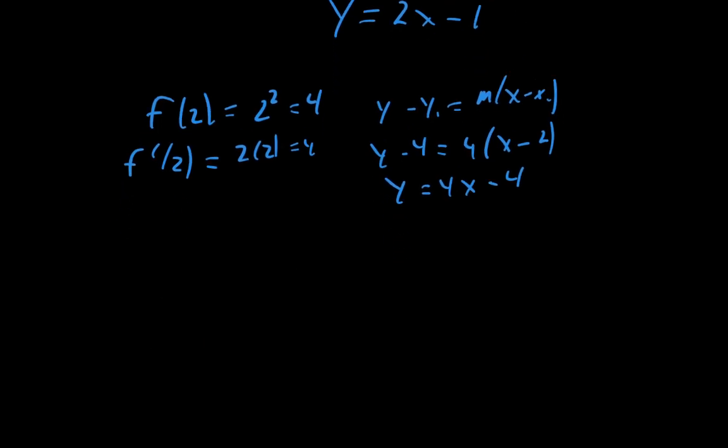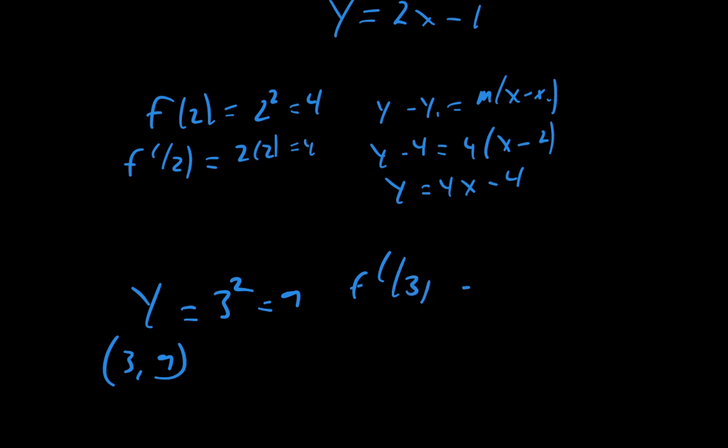We can go to the third point. Let's say (3, 9) is the point. f prime of 3 is equal to 3 times 2. It's equal to 6.